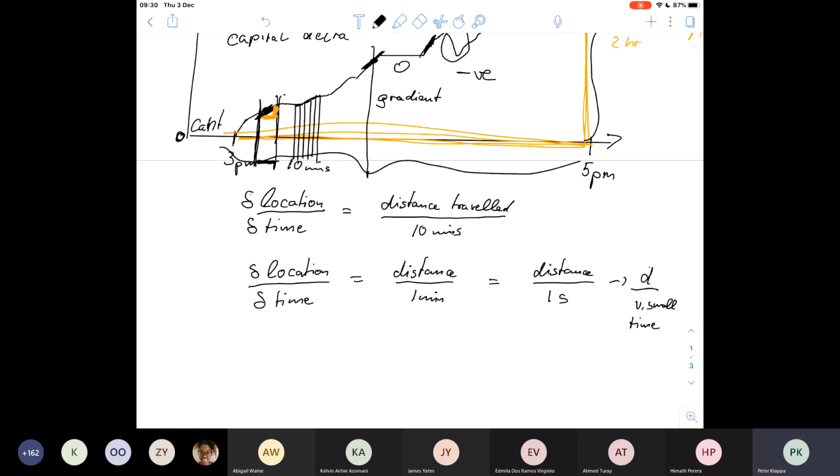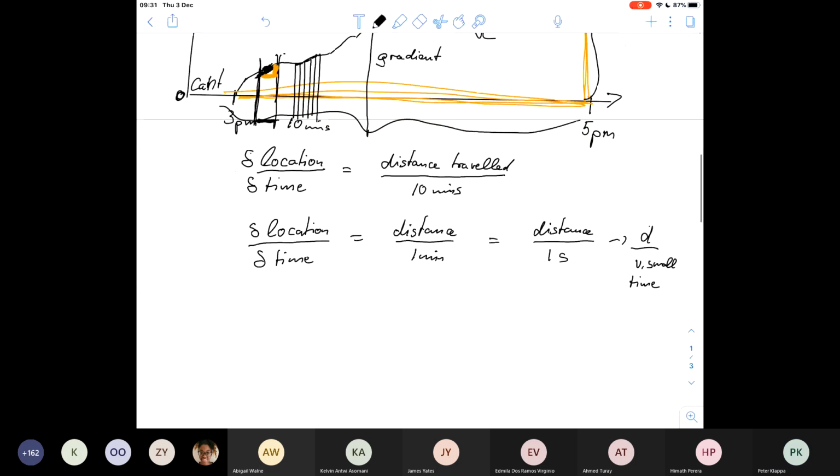But in order to indicate that we've got something incredibly small, we are now writing this not any longer with Greek symbols. We are writing the rate, or the speed in this case, or velocity. We write this as a change, and this time we don't use the Greek delta, we use just simply the normal lowercase d.